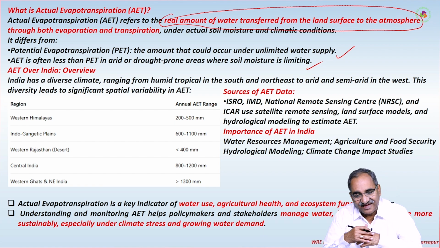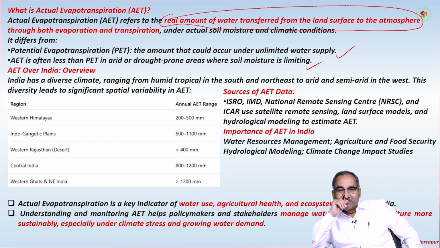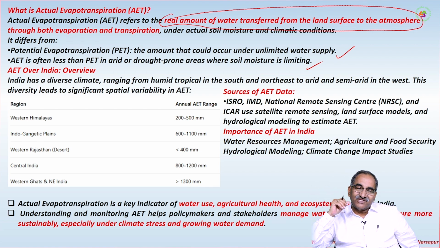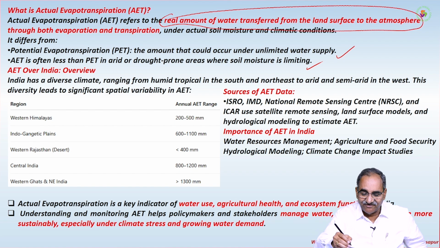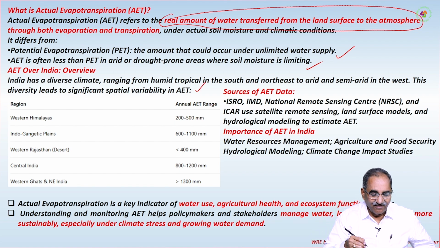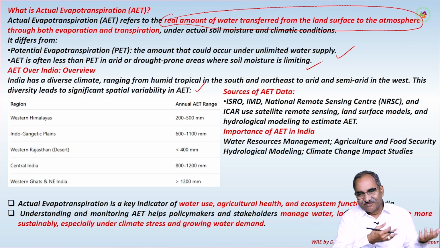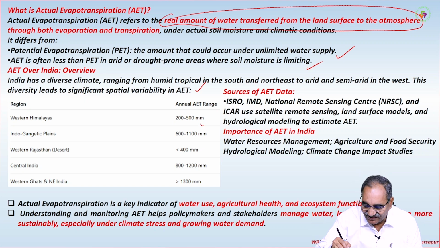India has a diverse climate ranging from humid tropical in the south and the northeast to arid and semi-arid in the west. This diversity leads to significant spatial variation of AET. So in the western Himalayas, if you take it, naturally like PET, AET is also very less.